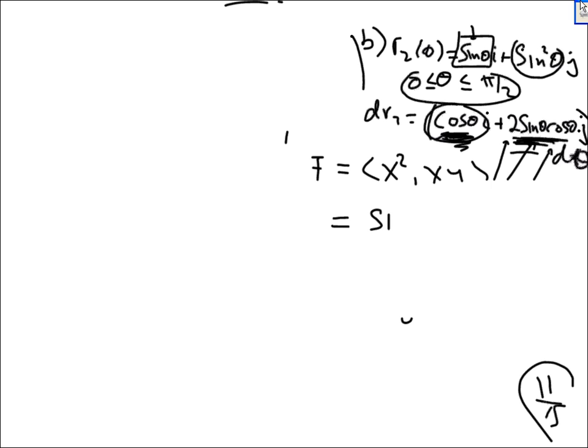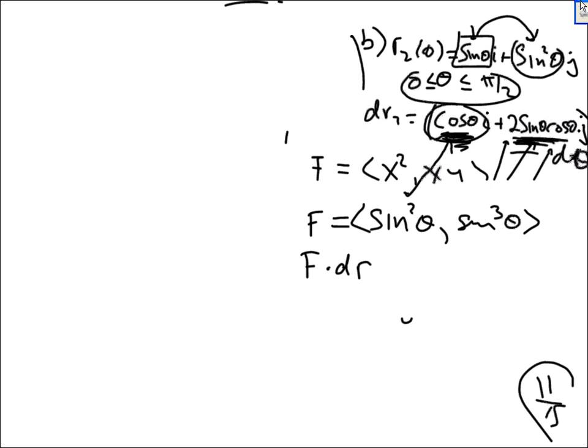So x squared is sine squared theta, times x times y. x times y is sine theta times sine squared theta. It is sine cubed theta.